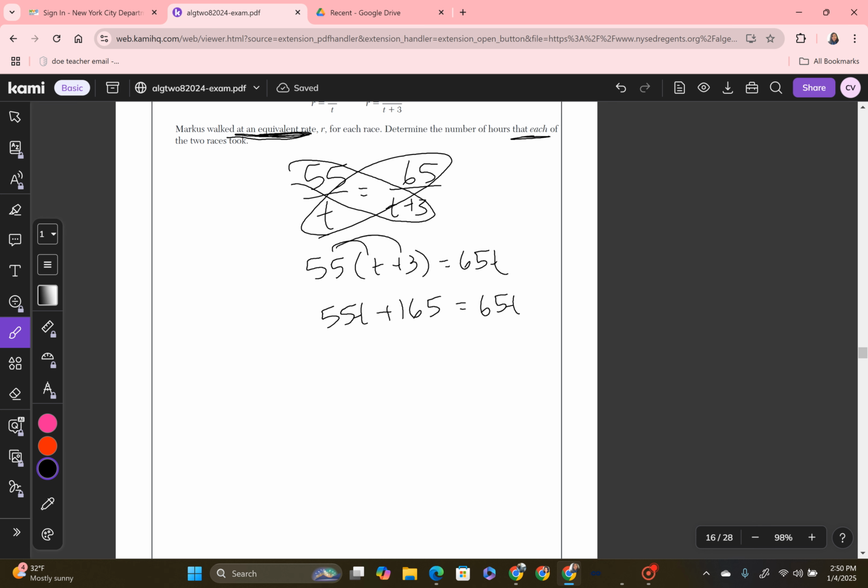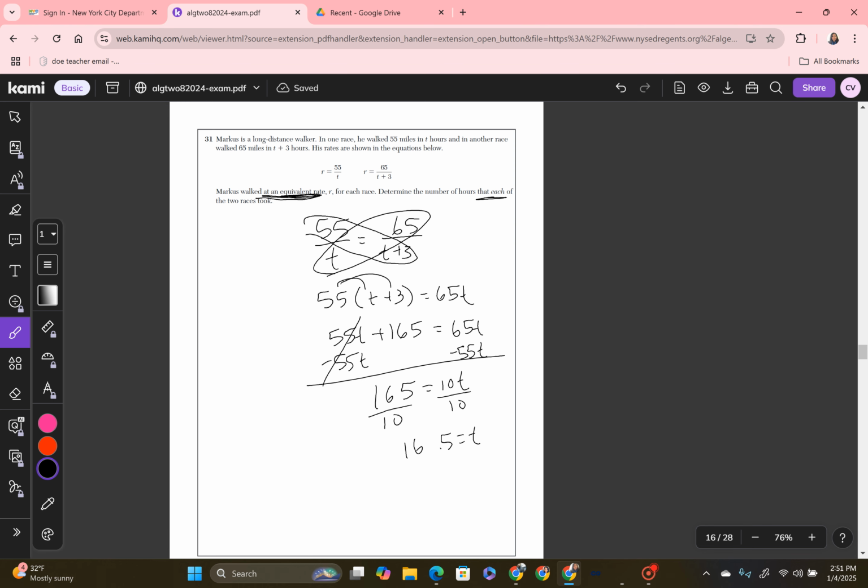Cool. I want to get all the t's on one side, so I'm going to do minus 55t on both sides. This is not hard. So I have 165 is equal to 10t. Divide everything by 10, and I get 16.5 is equal to t.